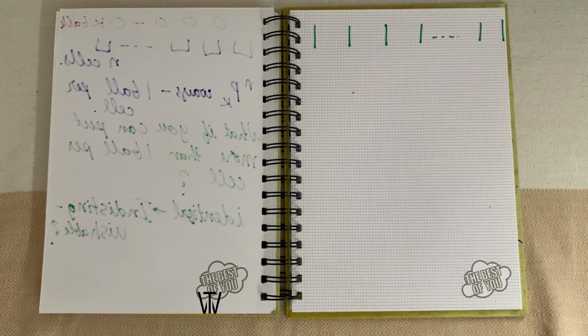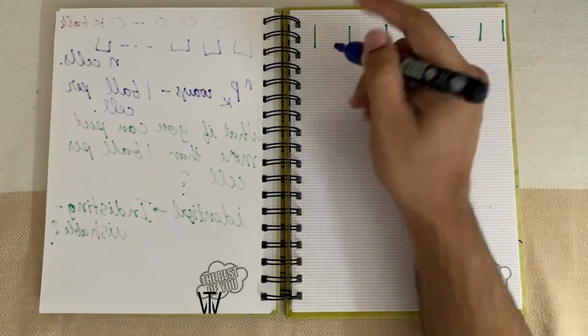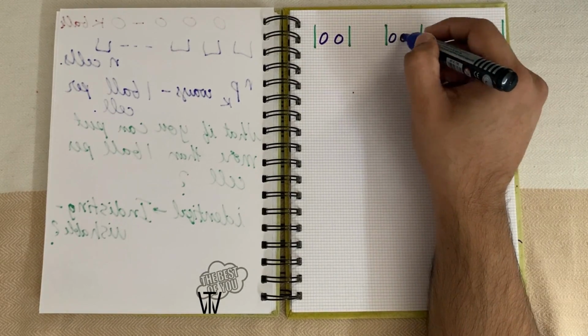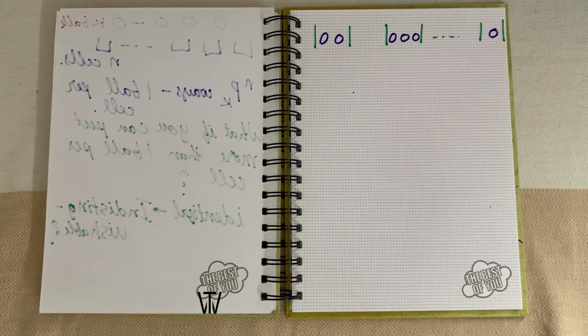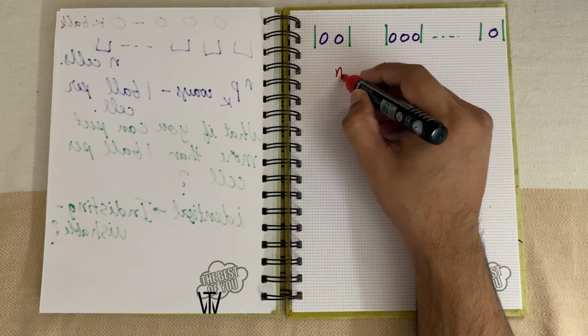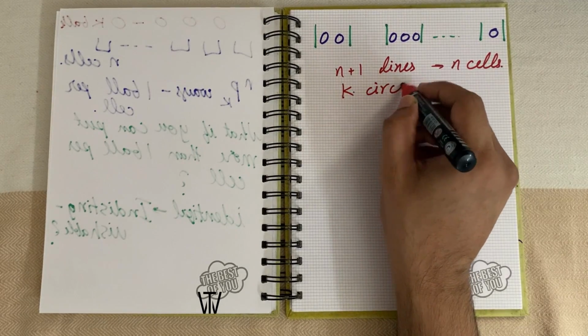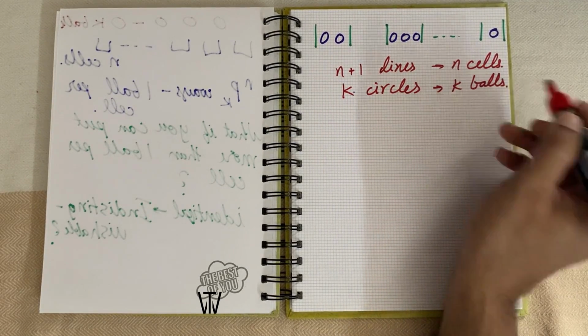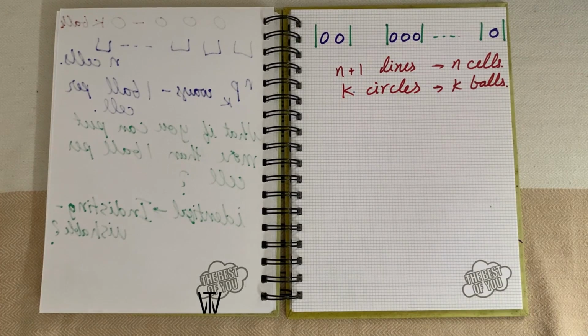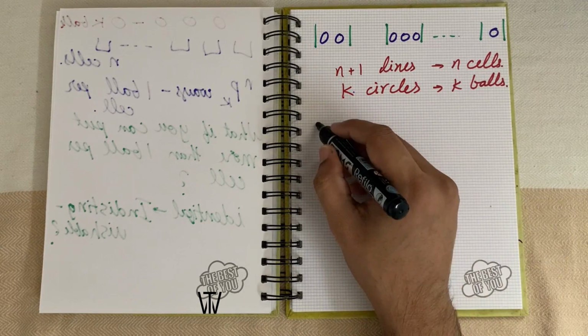I'm going to draw n cells. Each line represents a cell wall. So there are n plus 1 such lines. I'm going to represent the balls with a circle. Now I'm allowed to put as many circles between two lines as I want, as long as the total circles don't exceed k. So one possible configuration is shown here.